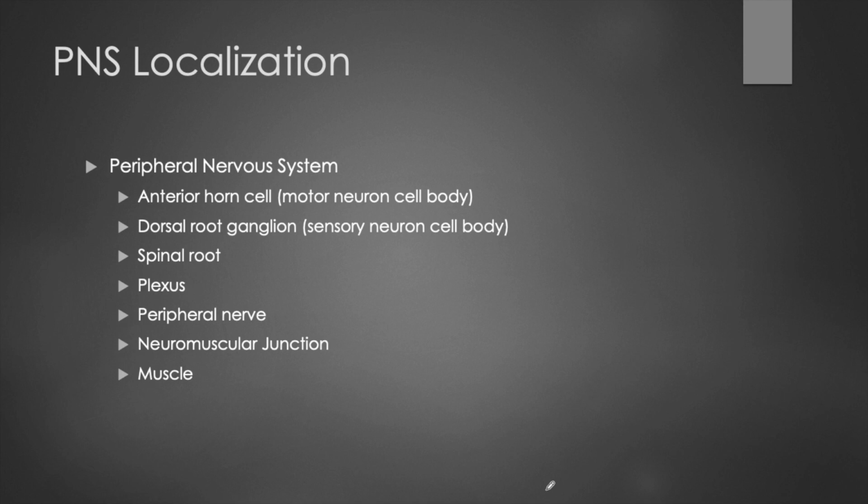Problems can also arise from the spinal roots, areas where nerves are leaving the spinal cord, at plexi, such as the brachial plexus and the lumbosacral plexus, at specific peripheral nerves that you studied during anatomy in first year, at the neuromuscular junction, where axons release acetylcholine onto receptors on the muscle, and within the muscle itself.